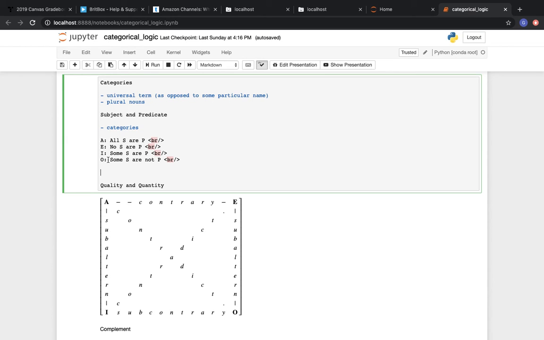These letters come from Latin verbs. The A and the I come from the Latin verb affirmo, which means I affirm. And so you can see that the A and the I are in that word. Affirmo means I affirm.